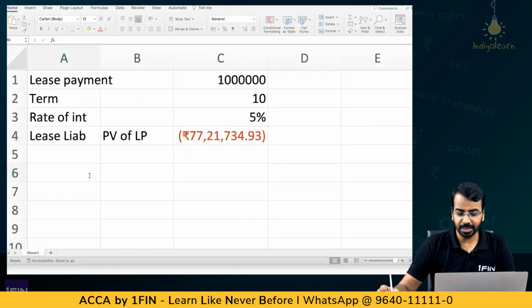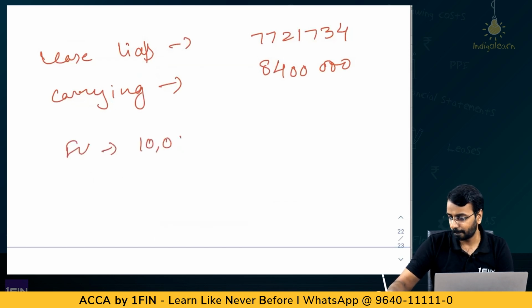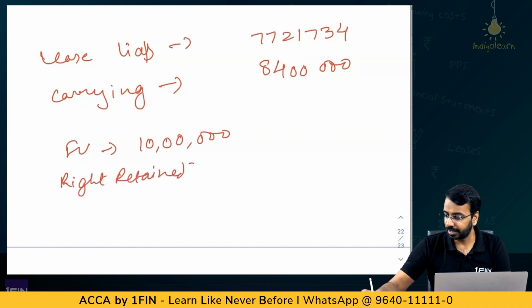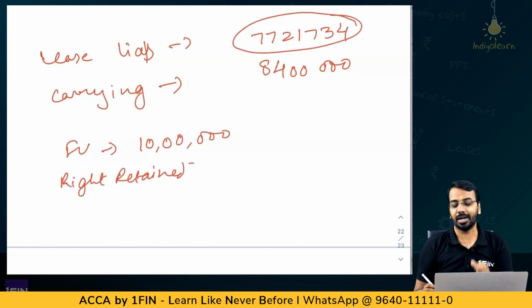In this entire set of transactions, what we need to understand is that fair value is 10 million. The right retained is nothing but your 7,721,734. To that extent, we have retained the rights.